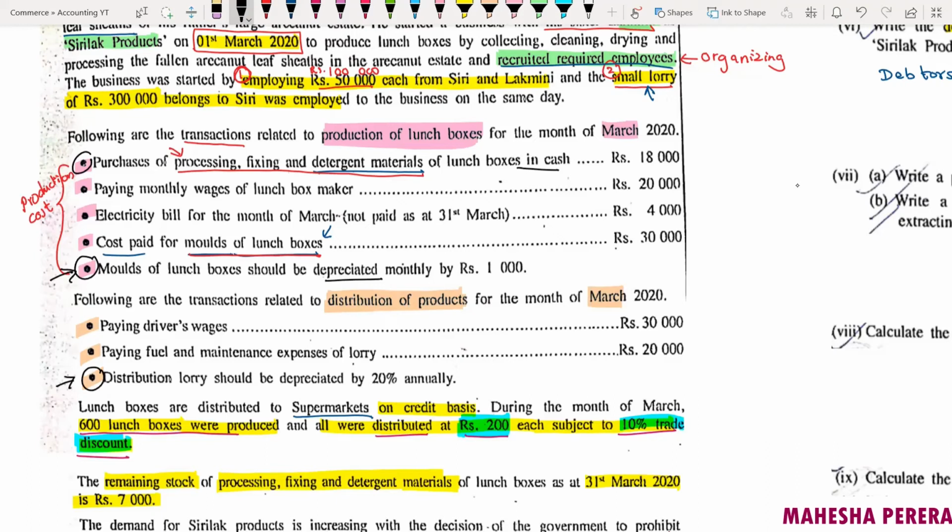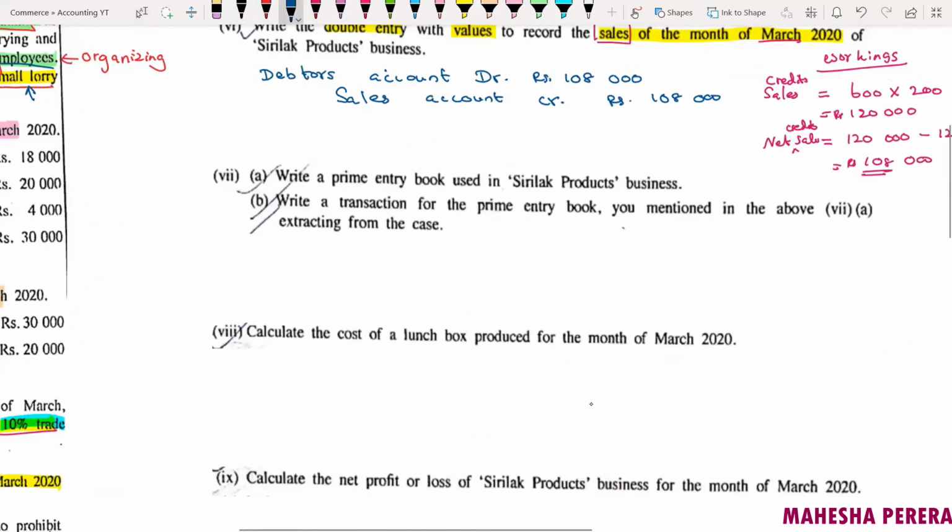And also all the sales happened on credit basis. So that means you can take sales journal. So you have 3 prime entry books. So I'm going to write all 3.